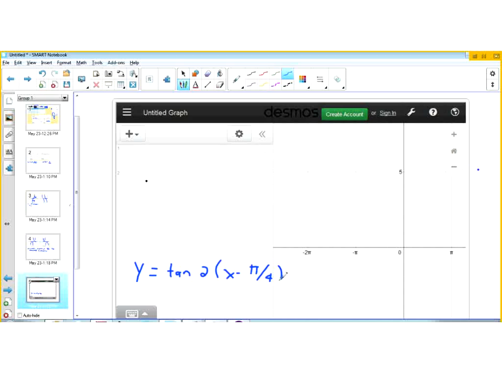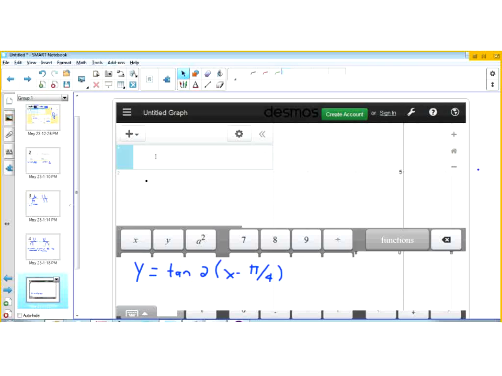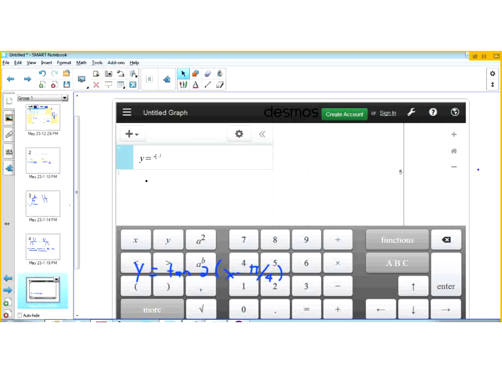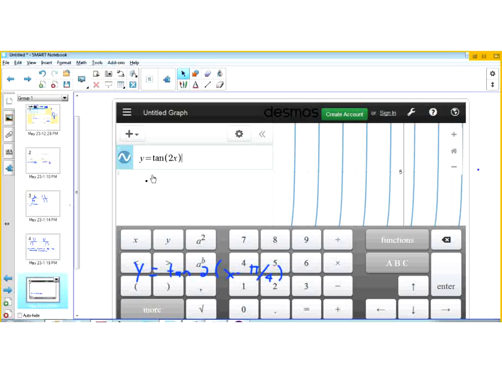This is essentially the curve we plotted before, y equals tangent of 2x, but we shift it to the right pi fourths units. And so that'll change the location of our vertical asymptotes. So let's go back and graph y is equal to tan of 2x.